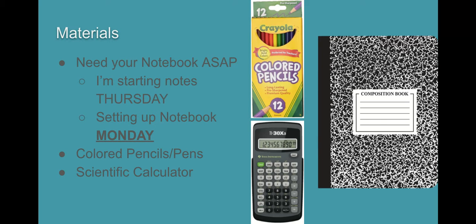Being able to use color to see different pieces of a molecule, to see different steps of a mathematical equation. These are all really important things to have color in your notebook for. So please have some kind of colored pencil, or like I said, they can be colored pens. In fact, the notes that I'm going to do are going to use colored pens because I like pens better.